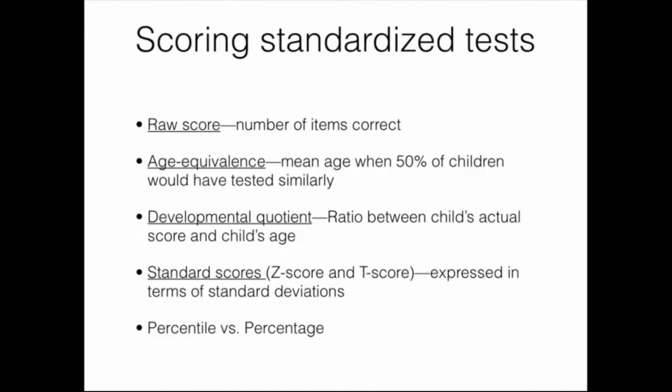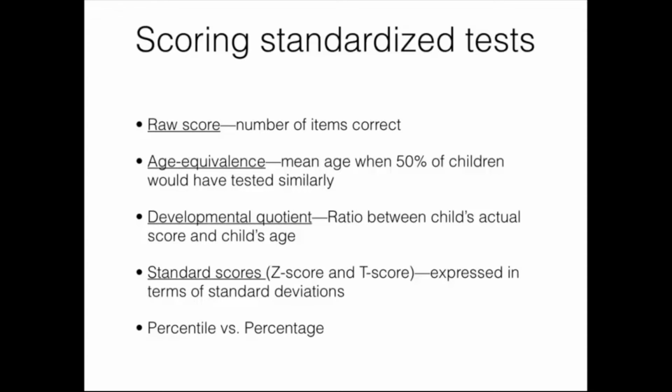Norm-referenced tests also typically give us a developmental quotient. You can compare that to what we often think about as an intelligence quotient, or the IQ test. When somebody's given an IQ test, their score is put on a curve, forced on a curve where 100 is the average score.